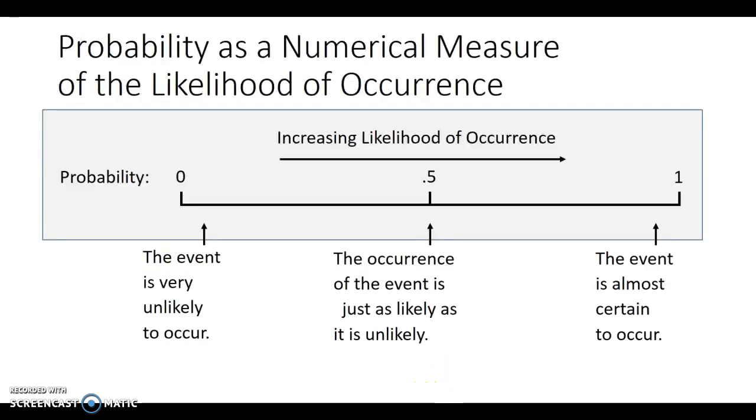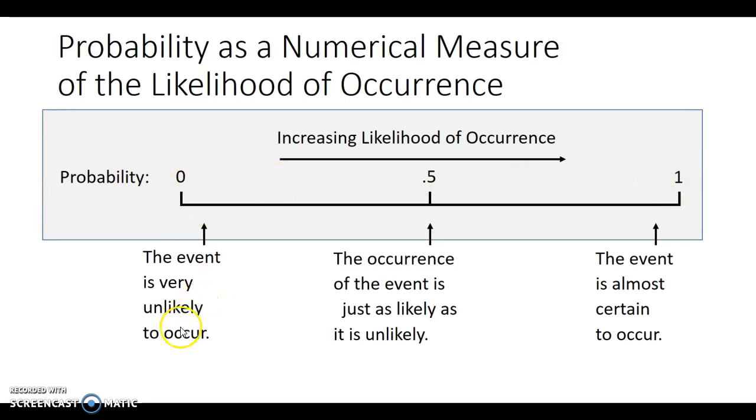All right, the first thing we're going to look at is probability as a numerical measure of the likelihood of an occurrence. What you have to remember is all probabilities are greater than or equal to 0, less than or equal to 1. So they're going to fall on the scale between 0 and 1.